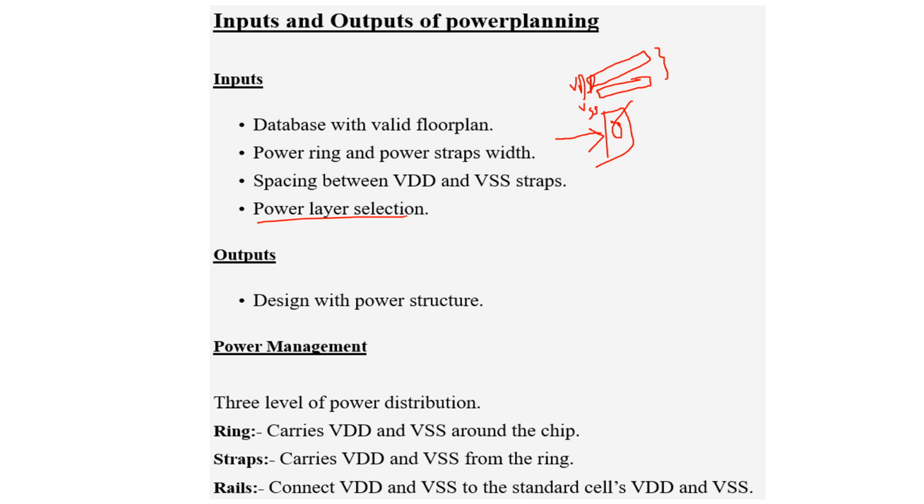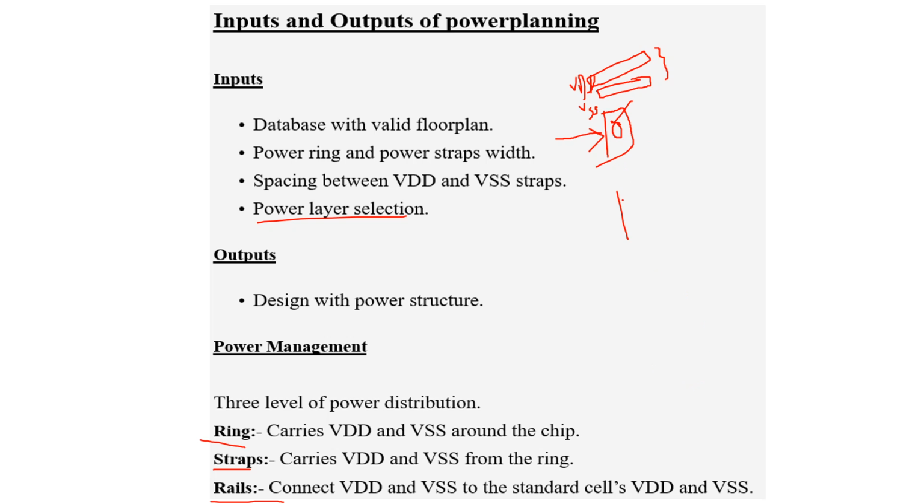And power layer selection. If you are designing in core layers, that layer selection also needs to be considered. During this design, power distribution can be done in three levels: one is ring, another is strap, another is rails. If you consider a ring, it carries VDD and VSS around the chip.